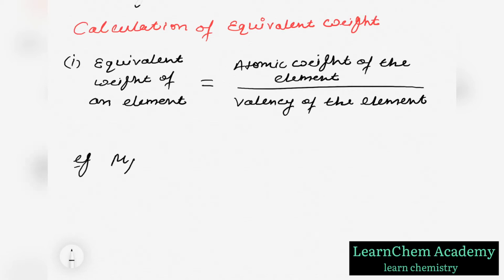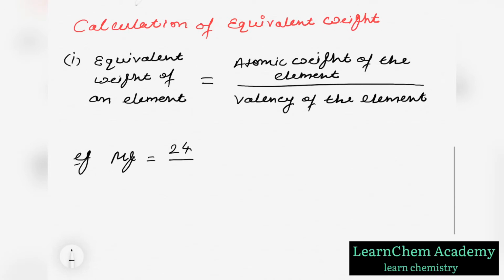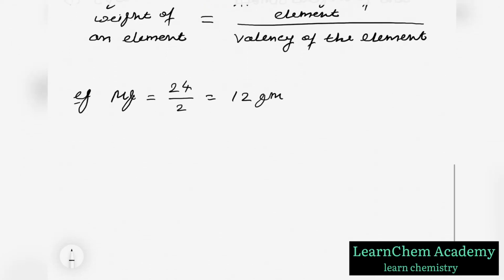Okay, so let's take an example. If we discuss magnesium, its atomic weight is 24 gram, if we're talking about the gram atomic weight, and its valency is 2. So we will get 12. So 12 gram is the equivalent weight of magnesium. If we talk about aluminium, its atomic weight is 27 and its valency is 3. Okay, aluminium plus 3.